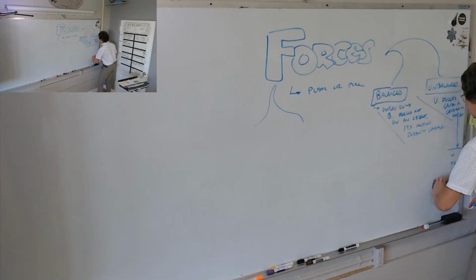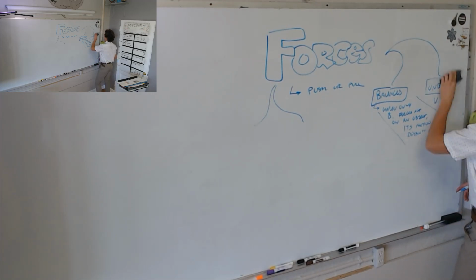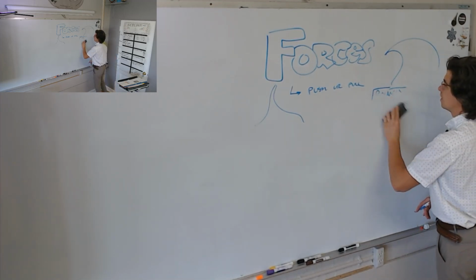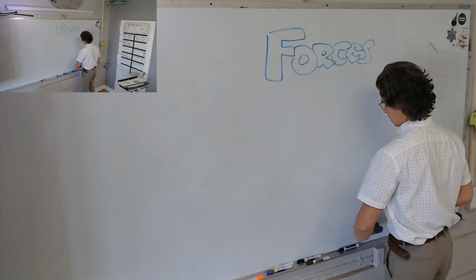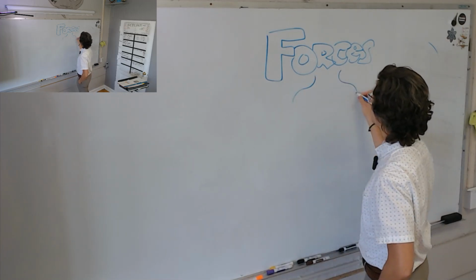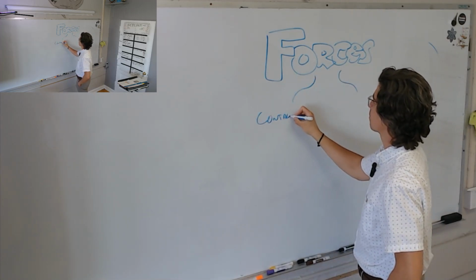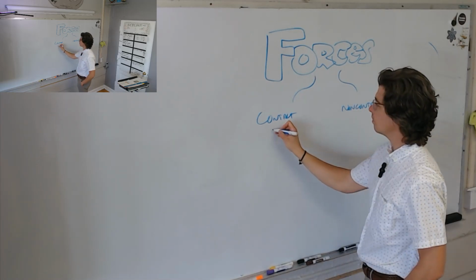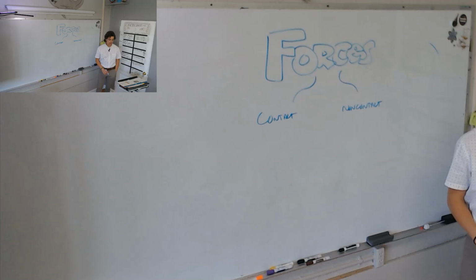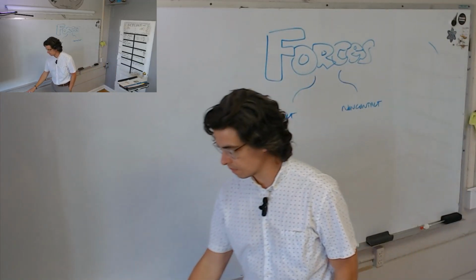Okay, so a separate way to categorize forces is contact and non-contact. These are vocab words too, I believe. What do you think these mean? As I say, they are vocab words. What do you think they mean?